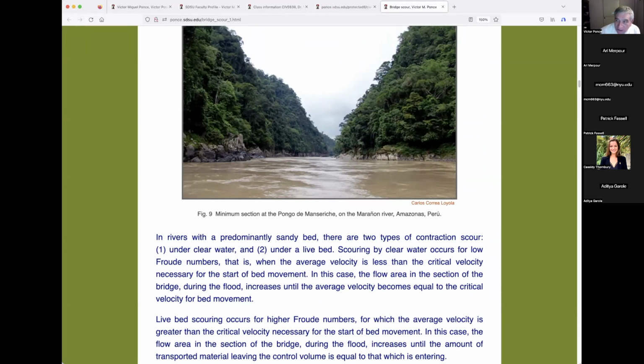So how many years did this take to form? My guess is 4 or 5 million years, maybe longer than that, millions of years, because this is not sand, this is rock. The Marañón River had to breach through rock in order to get to the jungle on the other side. And that's the way Mother Nature decided to do it.